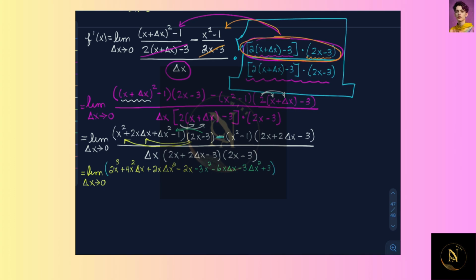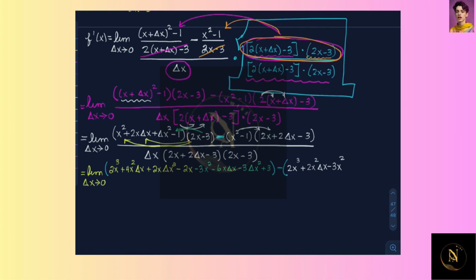I'll then have a subtraction sign. And over here, I'm now going to distribute the x squared. So I'll have 2x cubed plus 2x squared delta x minus 3x squared.